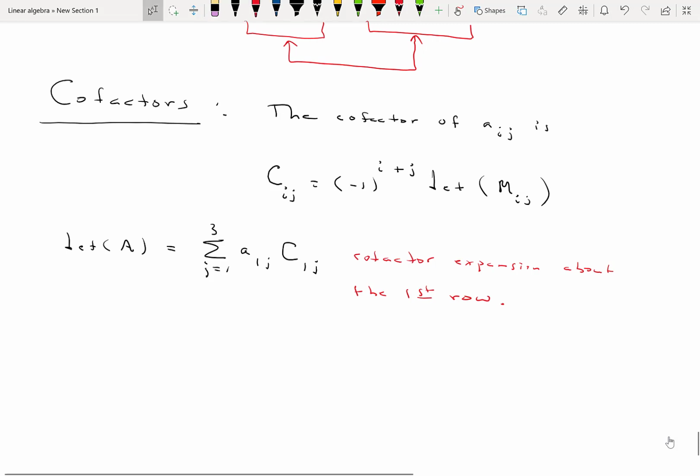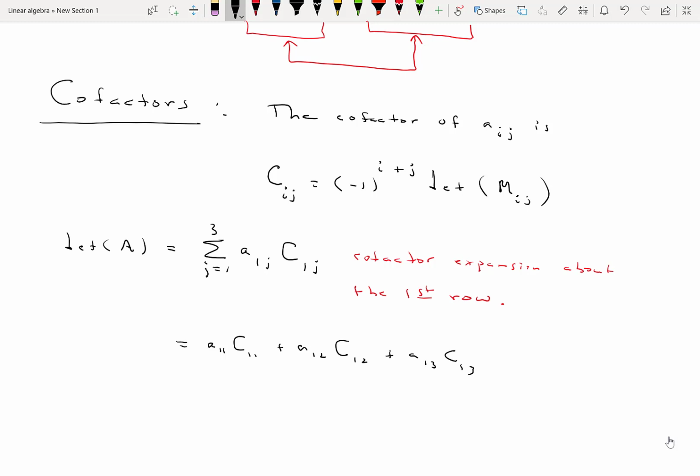Okay, so just to make sure we're all in the same boat with this. This means that if I write this out, when j equals 1, I get A11 C11, j equals 2 plus A12 C12 plus j equals 3, A13 C13.